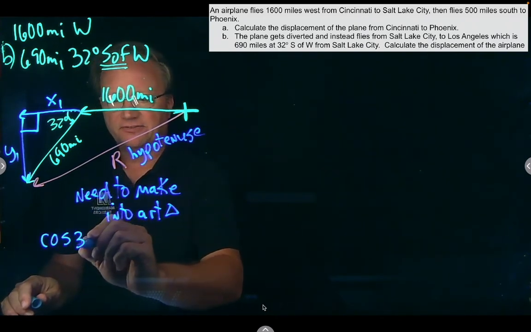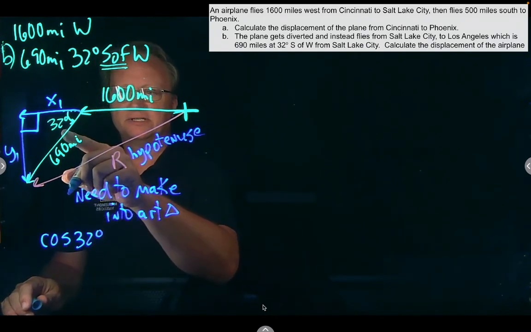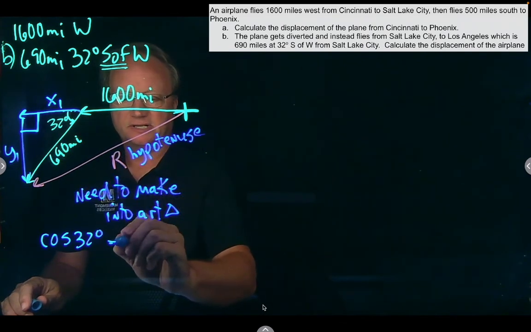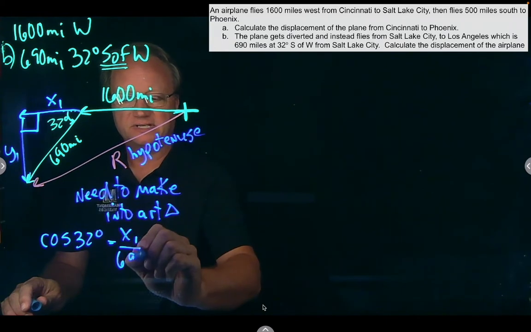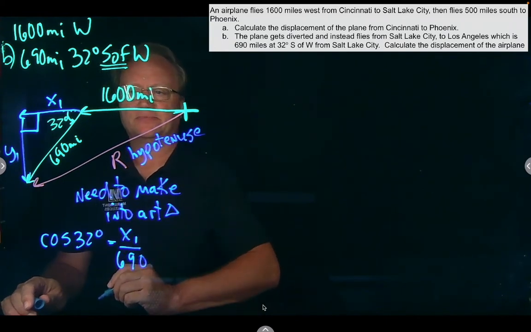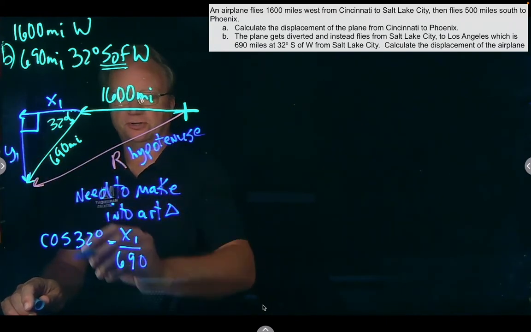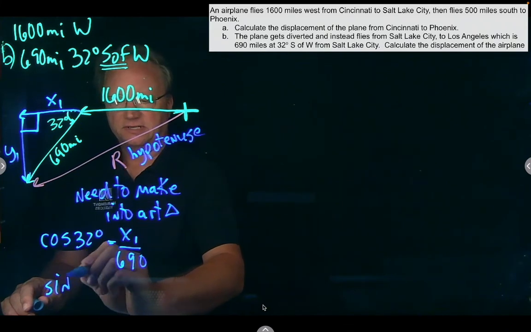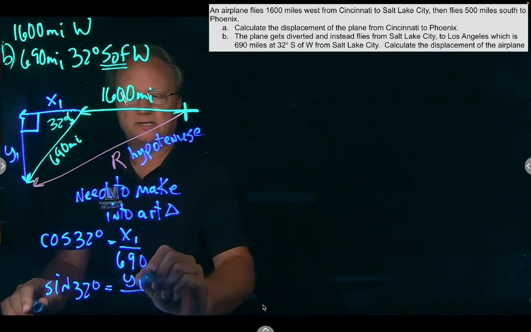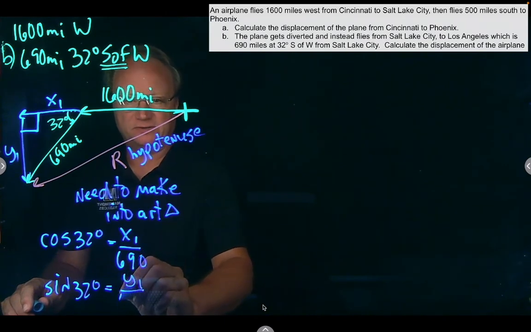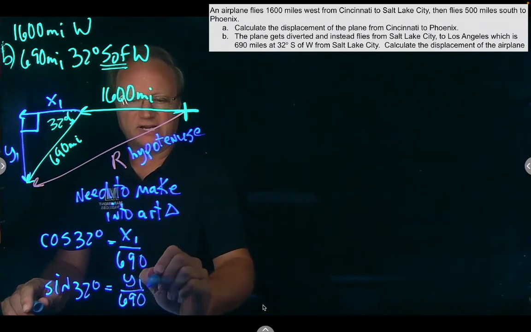Cosine of 32 degrees is adjacent x1 over hypotenuse 690. Sine of 32 degrees is opposite, which would be y1, over hypotenuse 690.